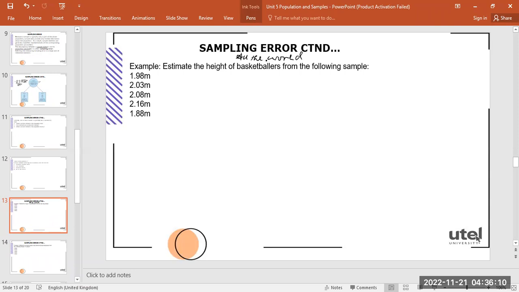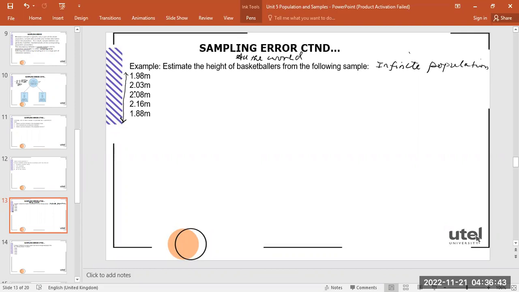So you can see that this happens to be an infinite population because it simply says estimate the height of basketballers from the following sample. So in other words, you are just given a sample of 5 basketballers, and you are being asked to estimate the height of basketballers, and you are not told basketballers in a particular or specific team.